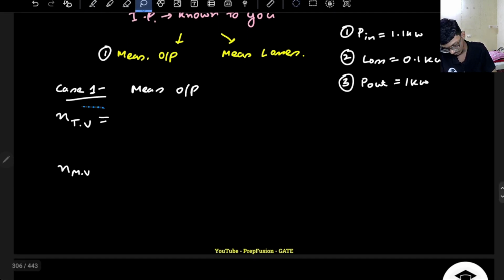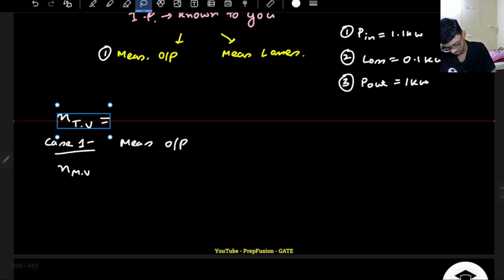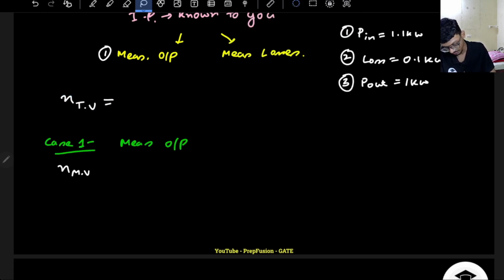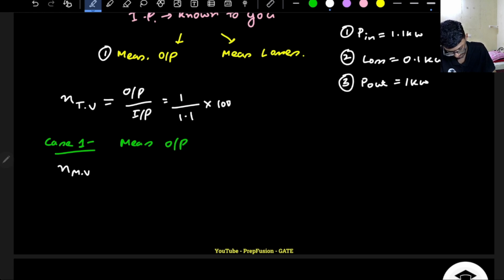Okay, so the actual true value of efficiency will not change, right, that will remain constant. So true value of efficiency will obviously be output by input, which is output 1 kilowatt divided by 1.1 into 100 percentage.